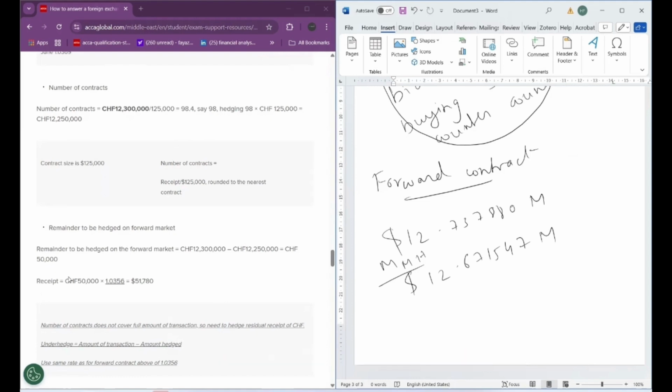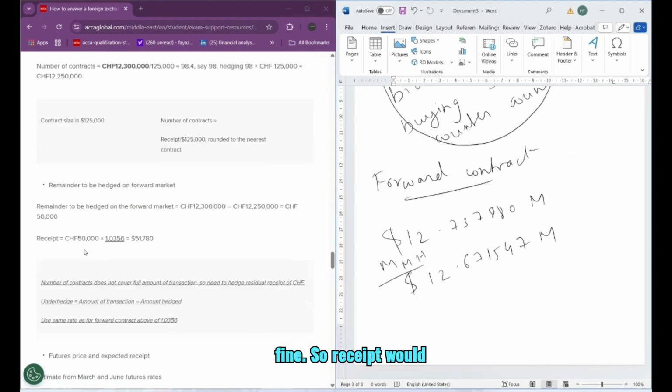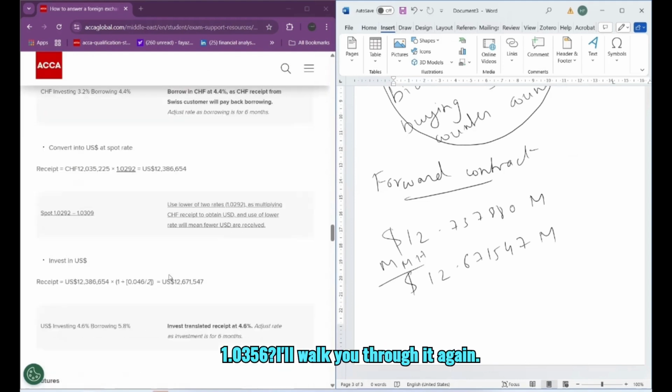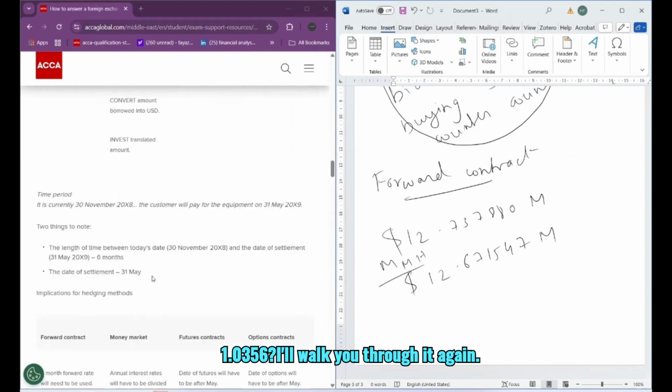Very simple. Fine. So this remaining small amount that has not been hedged using the futures market, we are going to hedge using the forwards market. Same thing is going to happen in the options contract also. So this into 1.0356. Why 1.0356? I'll walk you through it again.